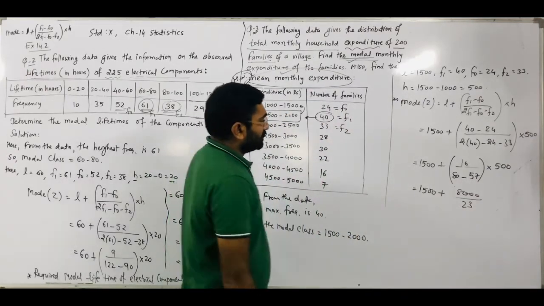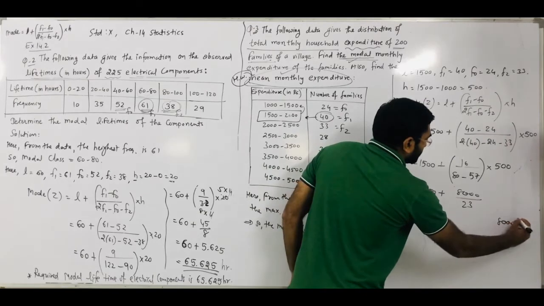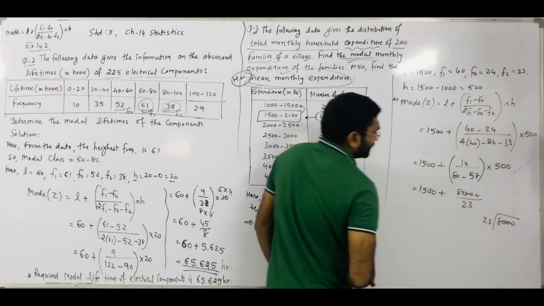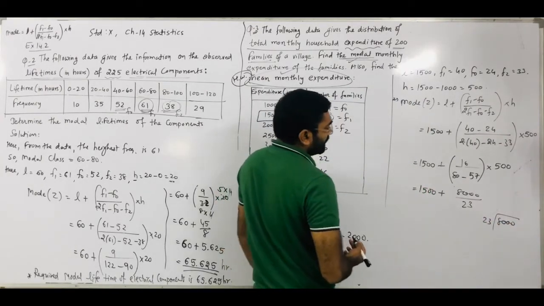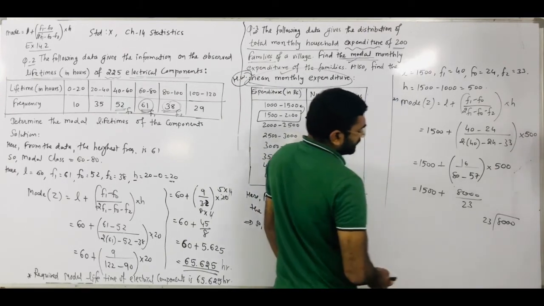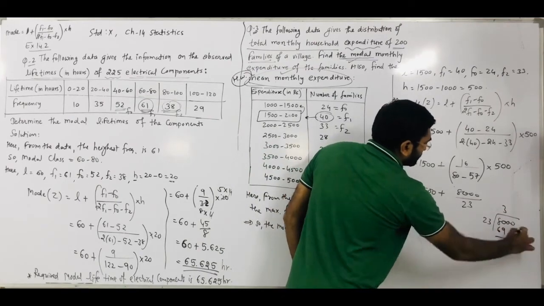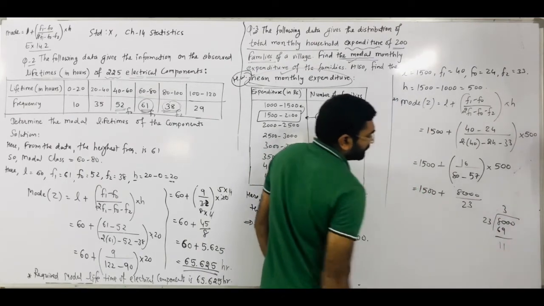Right? Now do the division of 8000 divided by 23. 23 2s are 46, 23 3s are 69, so we get 11, right?